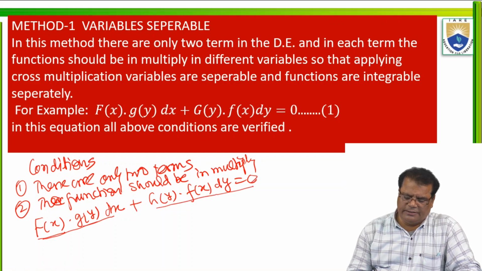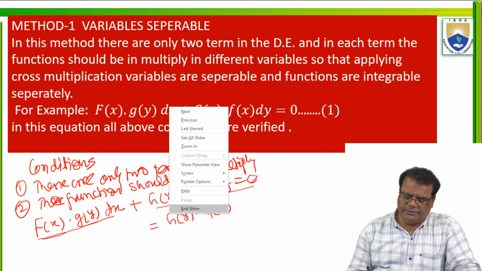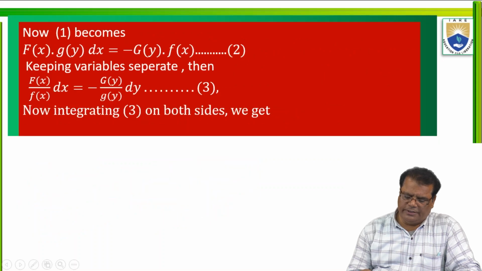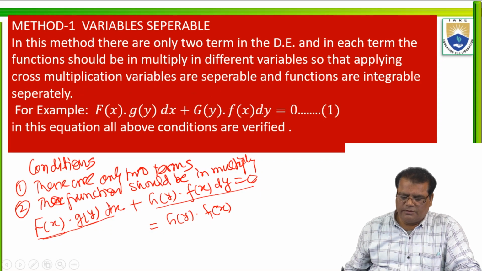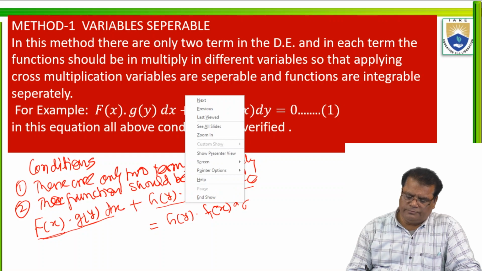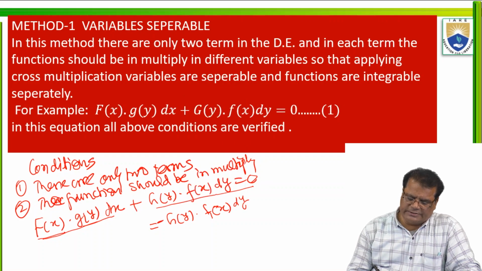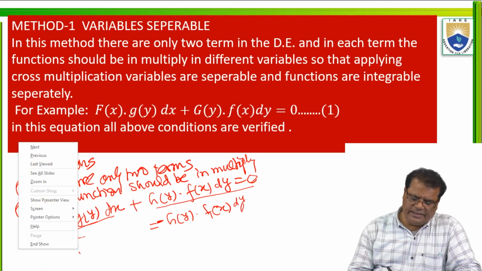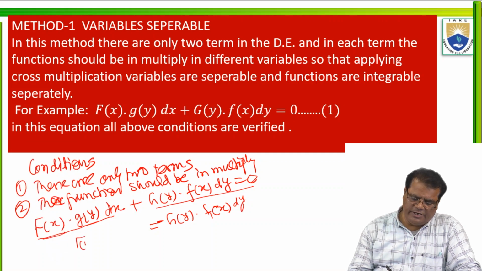So the second term we take to the other side: G(y) into f(x) into dy, and with the minus sign, this goes to the right hand side, minus F(x) into g(y) into dx.